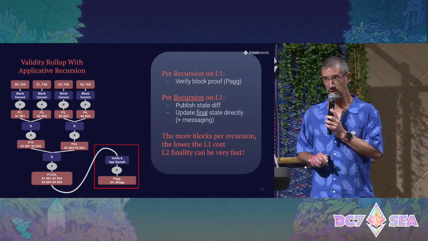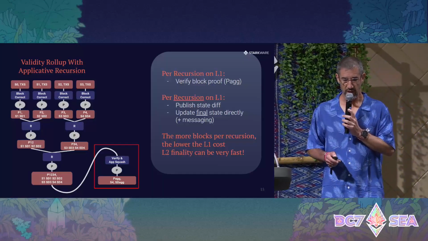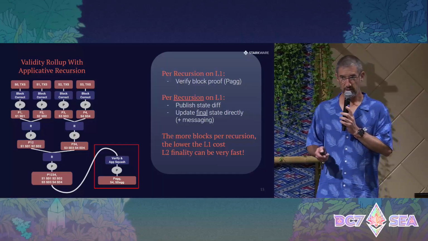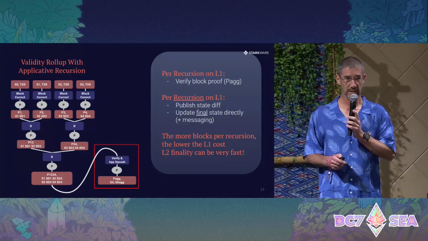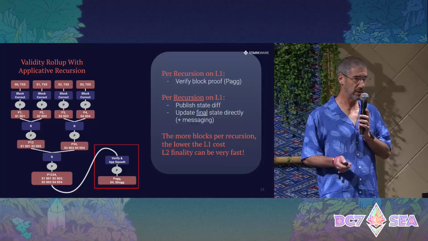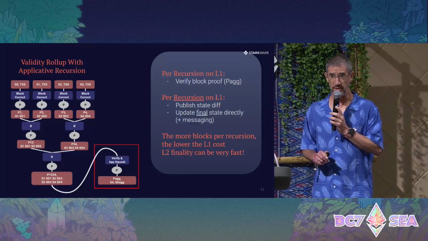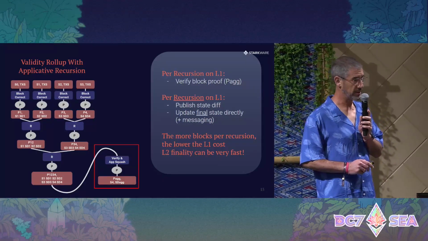And of course, we can include messaging as before. So the more blocks we have per recursion, the lower layer 1 cost will be. And this basically scales infinitely depending on the latency you require to layer 1. This is actually what we are doing currently on our rollup called Starknet.